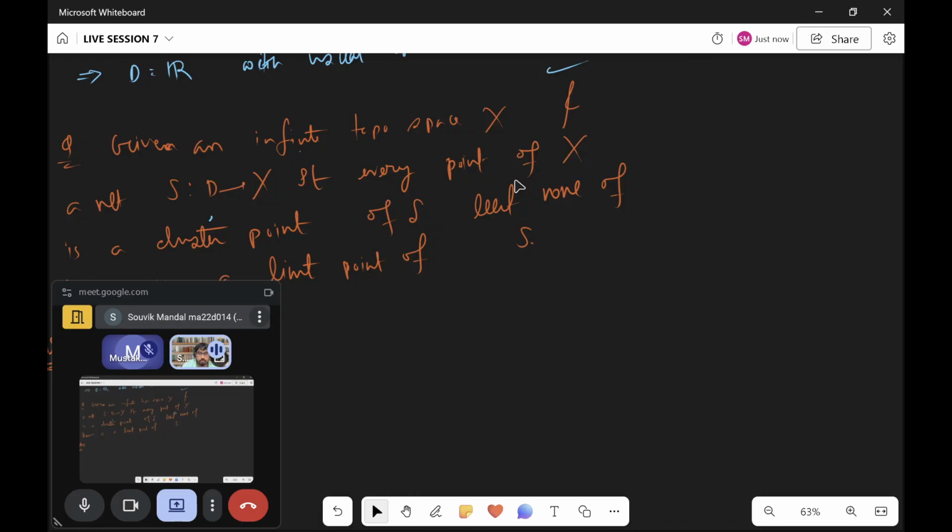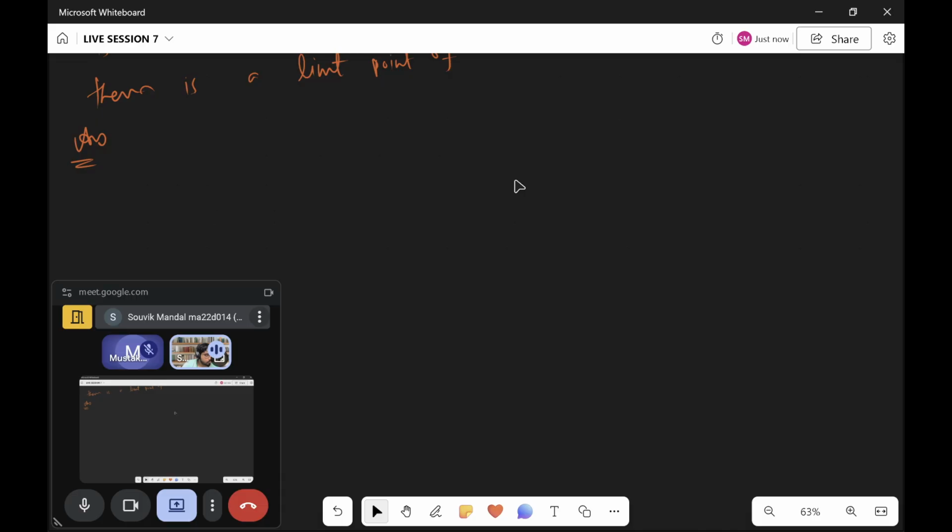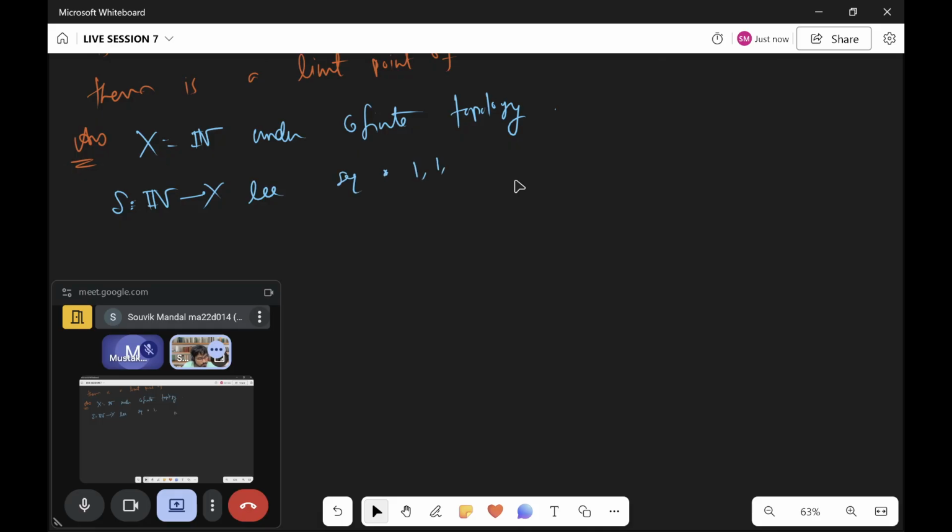So the answer goes as follows. Take X to be N under cofinite topology and S be the sequence 1, 1, 2, 1, 2, 3, 1, 2, 3, 4, dot dot dot.